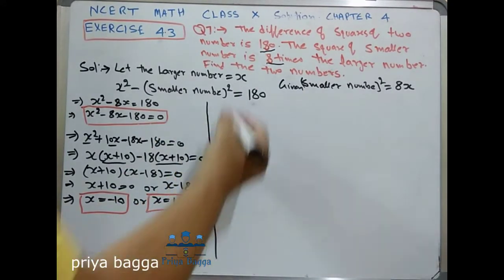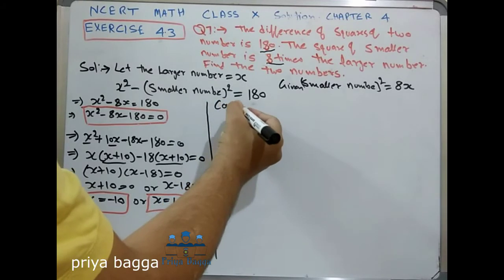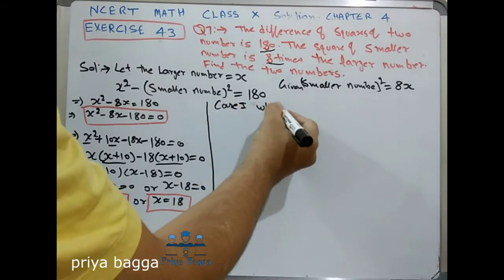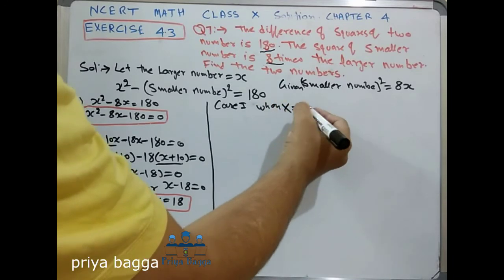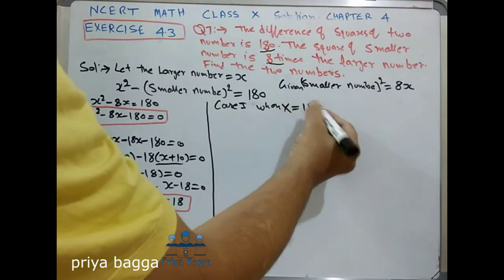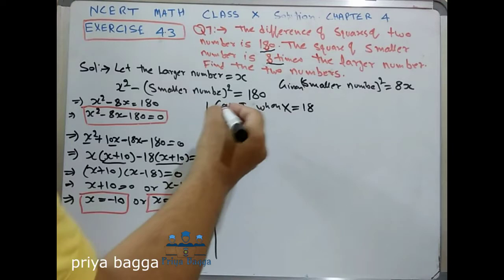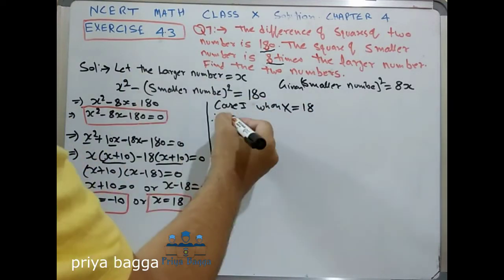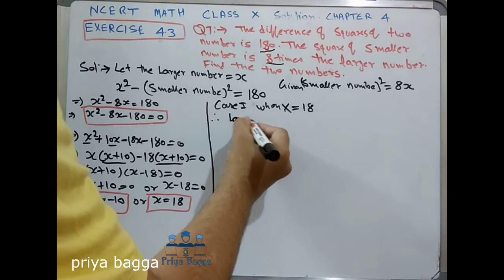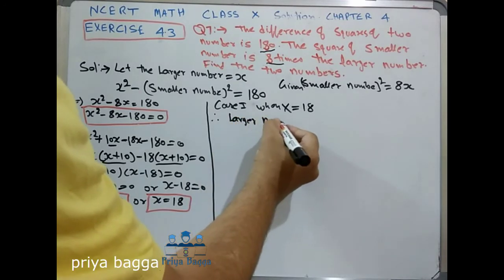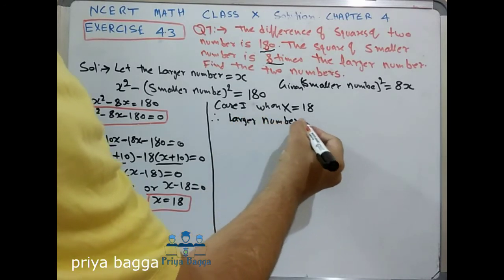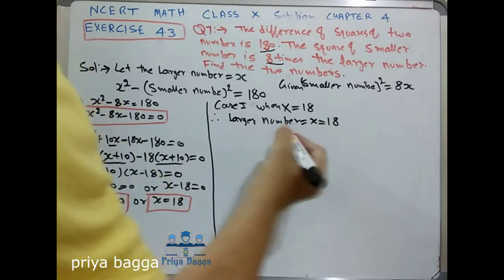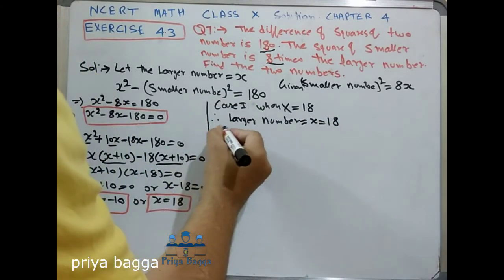Case 1, when x is equal to 18. I am taking this one first. Okay, if x is equal to 18, then the larger number is equal to x, which will be 18. And what will be the smaller number?